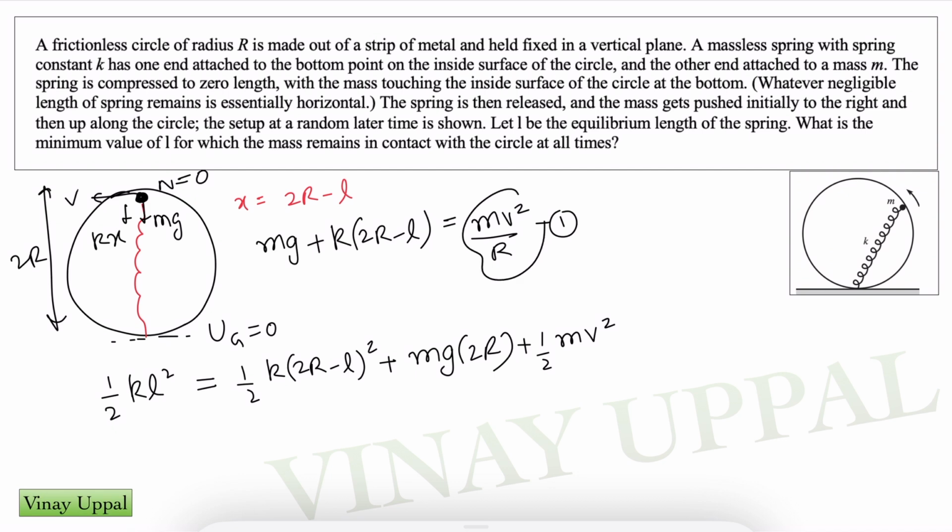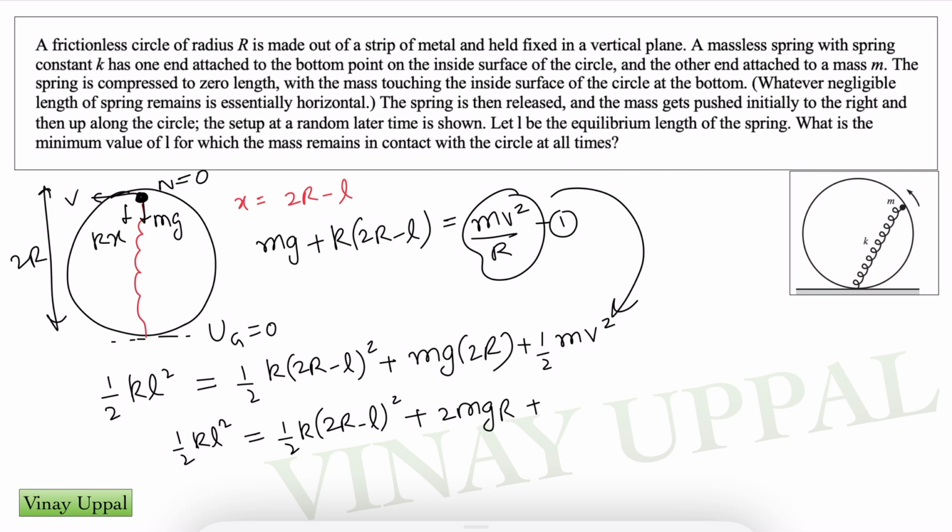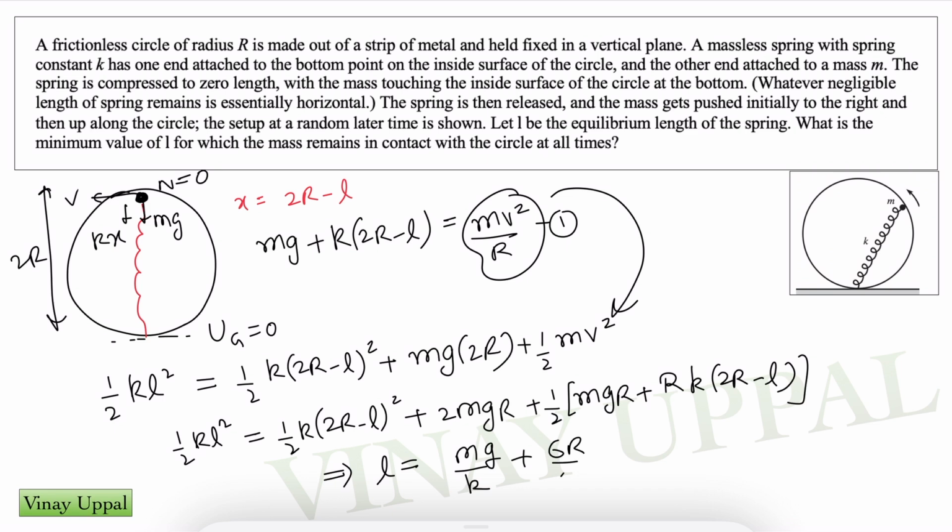What I'm going to do is substitute mv squared here and solve for L. Half k L squared is half k 2r minus L the whole squared plus 2 mgr plus, substituting the value of mv squared, which will be mgr plus r times k into 2r minus L. Now all you need to do is solve for L. I'll leave this calculation up to you. It's very straightforward, just basic algebra. In order to get the value of L, it is mg by k plus 6r by 5.